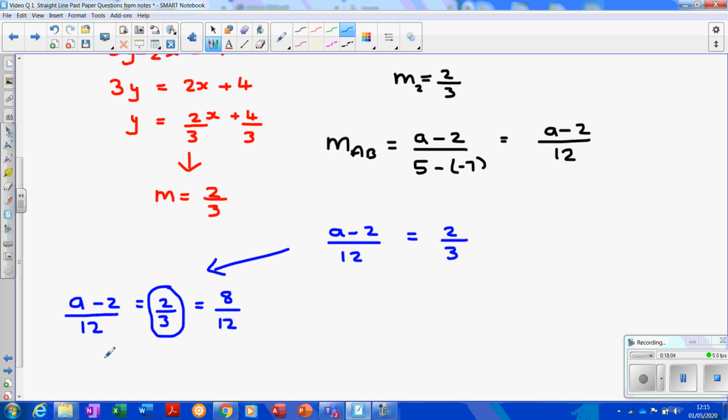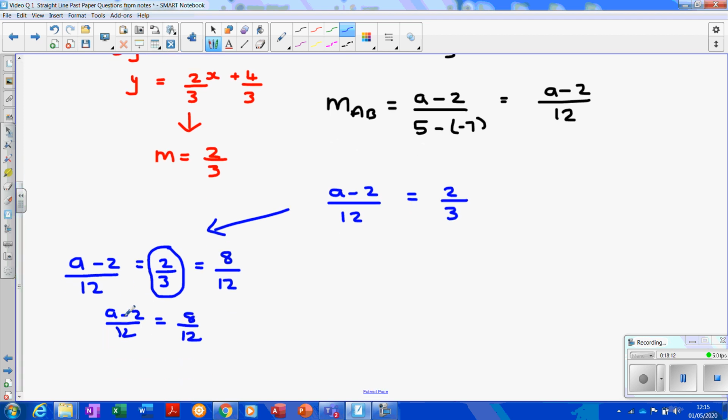That means that a minus 2 over 12 is equal to 8 over 12. Now compare the two fractions. So that must mean that a minus 2 is equal to 8. Add 2 onto both sides, so a is equal to 10. Now that's doing it with equivalent fractions.